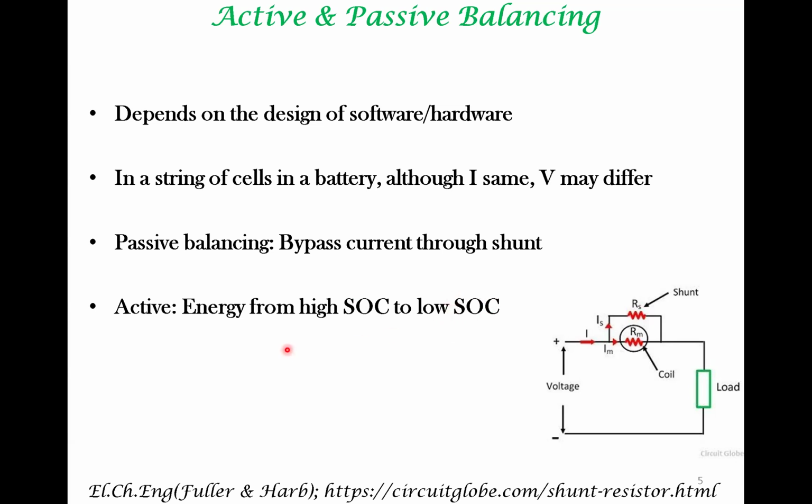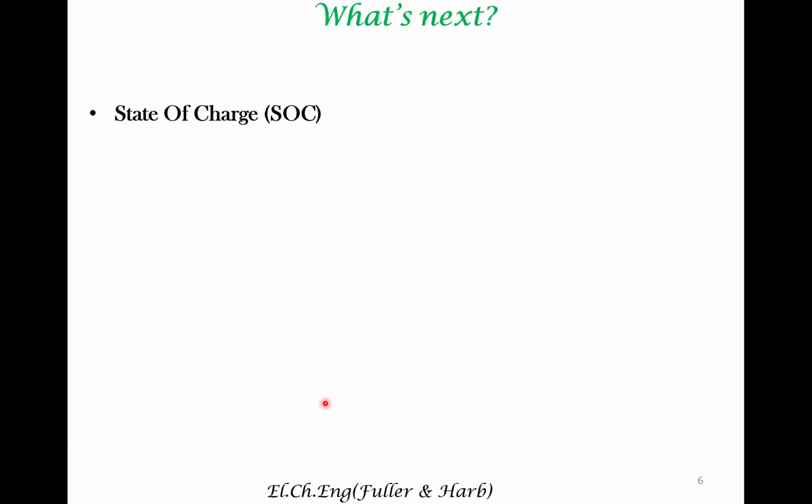So this is more energy efficient, but the design of active balancing is more complicated. The hardware and software that goes into active balancing is more complicated. So these are the typical trade-offs in engineering. Okay, so when something has to be done efficiently, you have to increase the complexity that goes into the design of an efficient system.